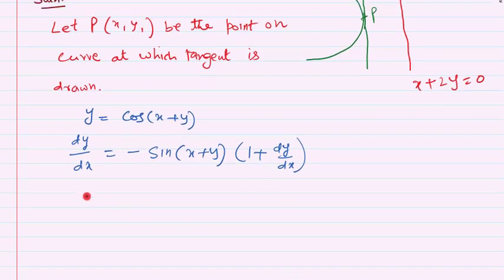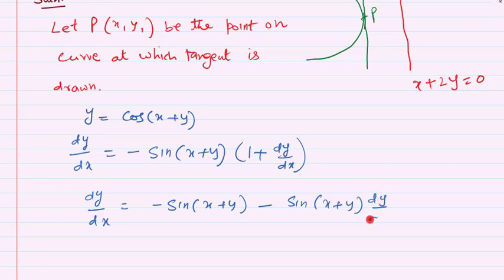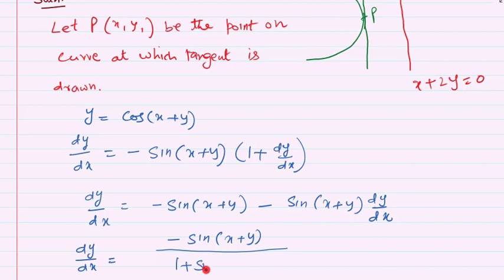So let us further simplify this. It is dy upon dx is equal to minus sin(x plus y) minus sin(x plus y) into dy upon dx, and from here we are getting dy upon dx is equal to minus sin(x plus y) upon (1 plus sin(x plus y)).